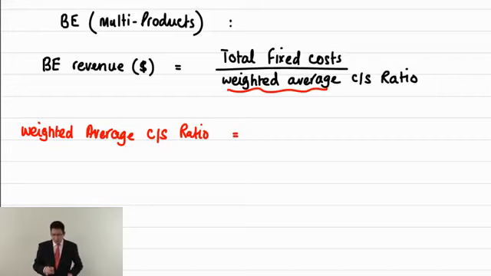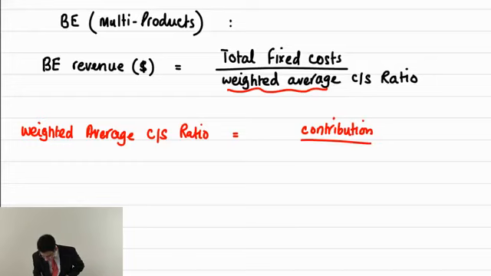Remember what the CS ratio is? We calculated it as well: C divided by S, contribution divided by sales.